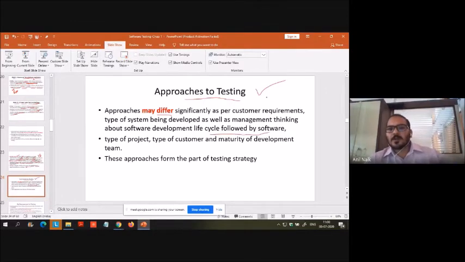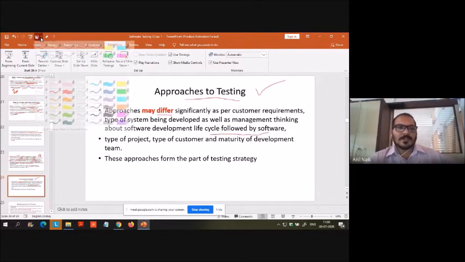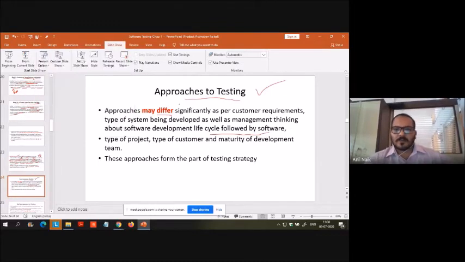As the customer requirement changes, we need to follow a different testing strategy. It depends on management thinking too, how they plan to save cost.